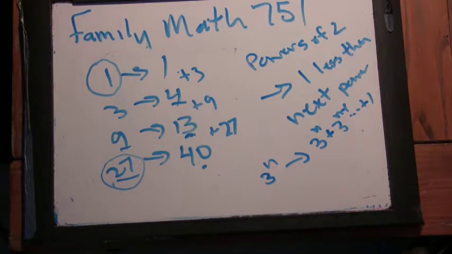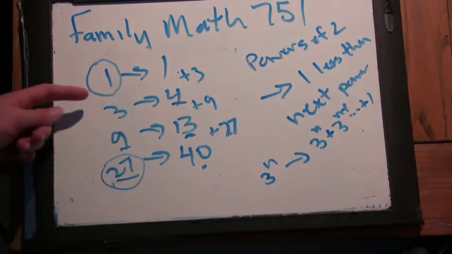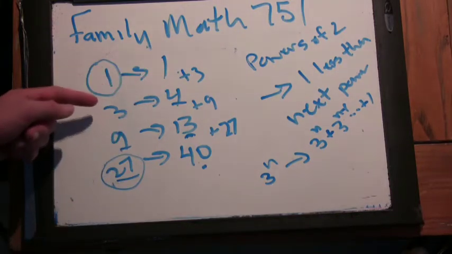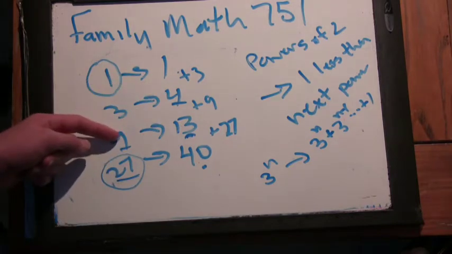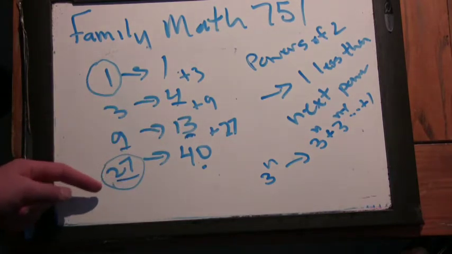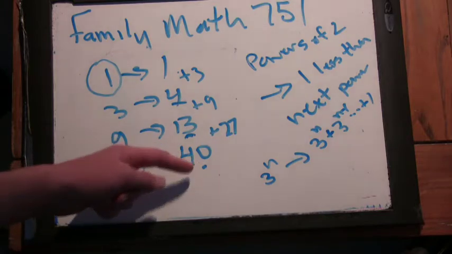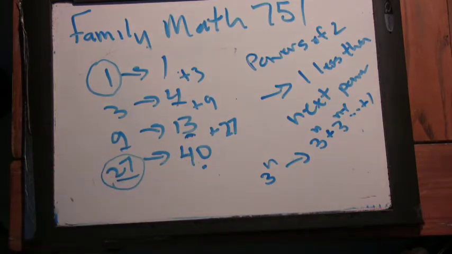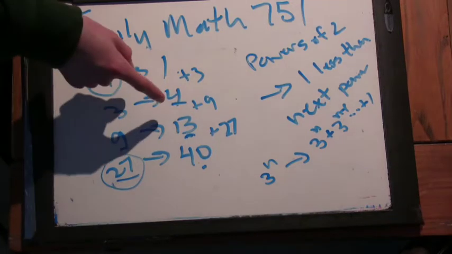Well, here the next power is 2 away. Here it's 5 away. Here it's 14 away. And then here it's 41 away. But there's not a pattern with how far away you are from the next power of 3.